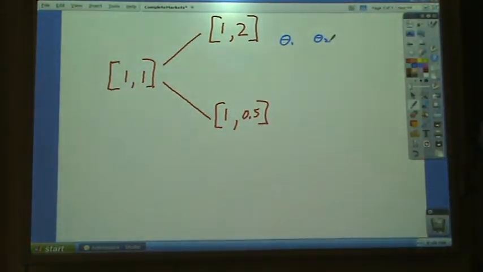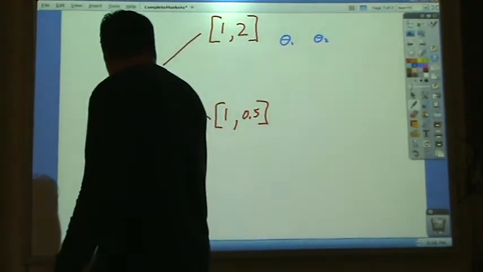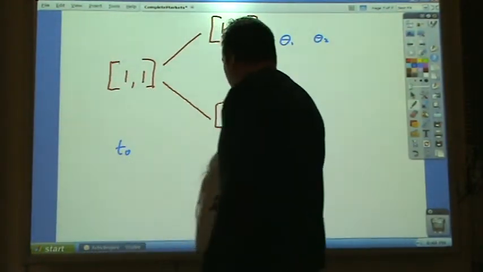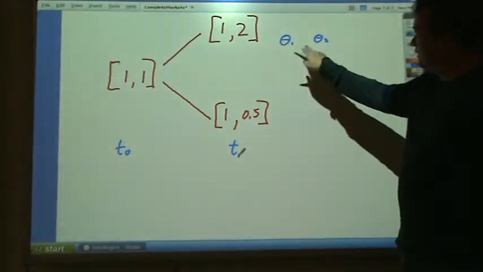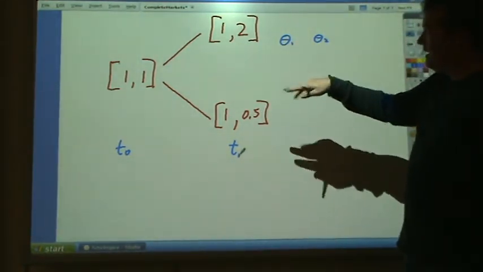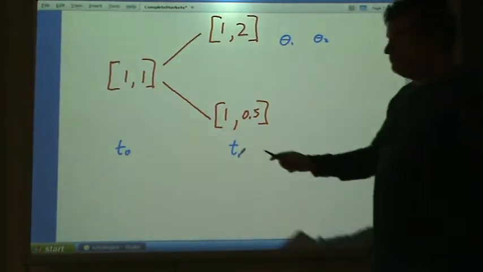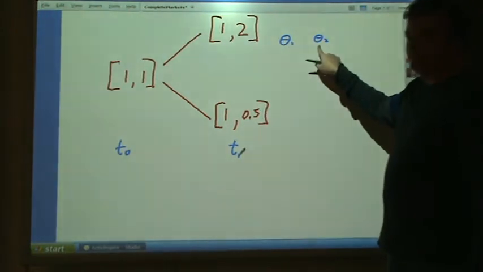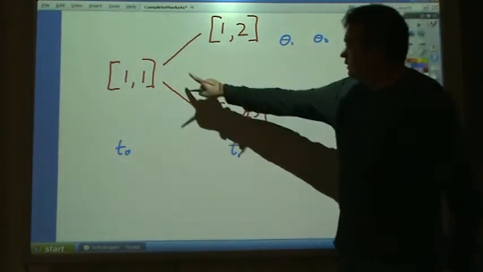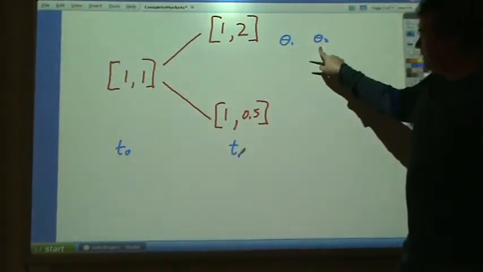How much money would we have later on? So here's time 0, and here's time 1. If at time 0 we bought theta 1 units of the first security and theta 2 units of the second security, how much would we have if the market went up? We'd have one of these and two times this. That's how much money we would have, right? If the market went down, we'd have 1 times this plus a half times this.